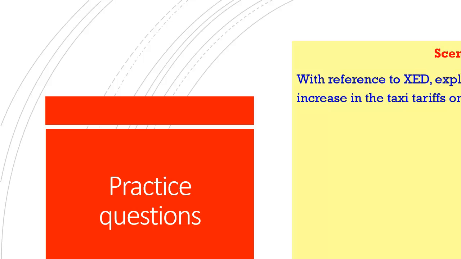Now let's think about this scenario. The scenario here is talking about the possible effects of the increase in the price of the taxi tariffs on the demand for Uber trips. Before answering this question, we would think about the relationship between the two products here, taxi and Uber, right?